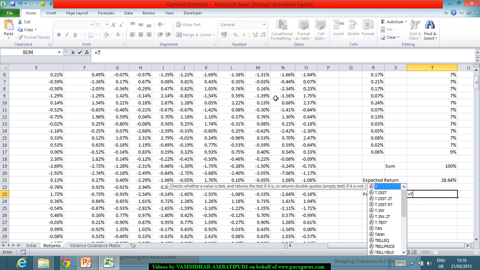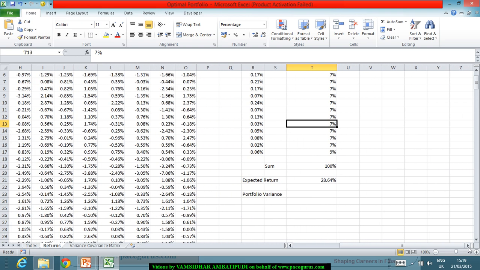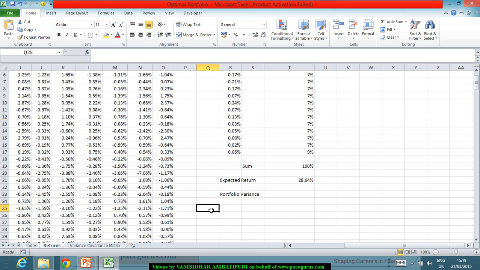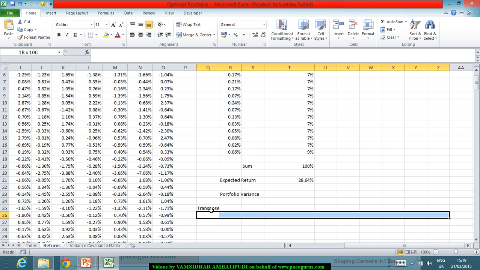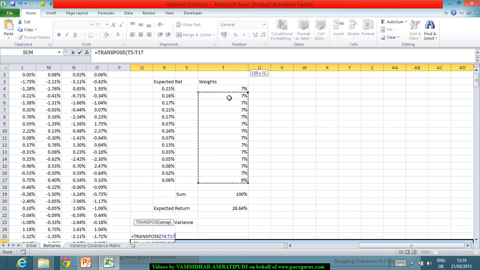So here I'll talk about the matrix multiplication. We have to do it step by step. First of all, let me do the transpose of the weights to start with. Let's use the transpose formula to do the transpose of all these weights.